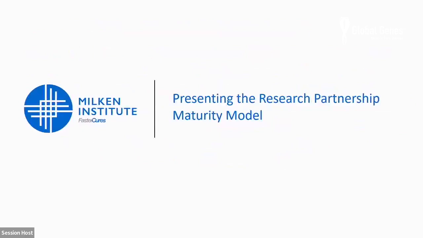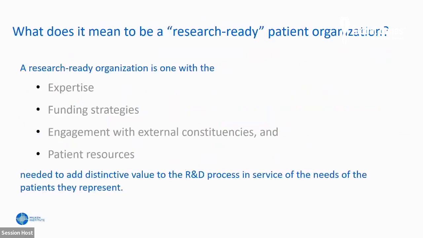Now I'll talk a little bit about our maturity model and what it's all about. Over our many years of working with patient groups, we heard from a lot of them that they wanted to better understand how they could grow, what kind of steps made sense for them, and we recognized that a lot of different patient groups were all facing a lot of the same challenges, building similar types of resources.